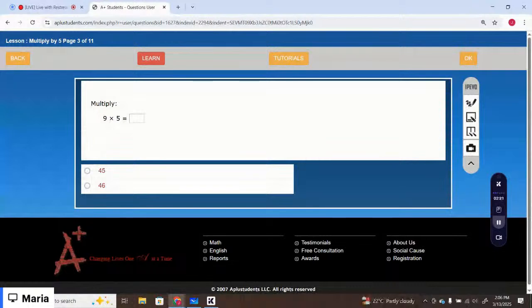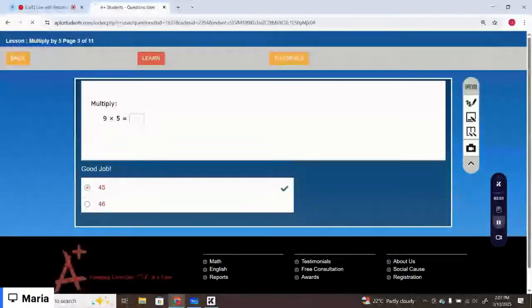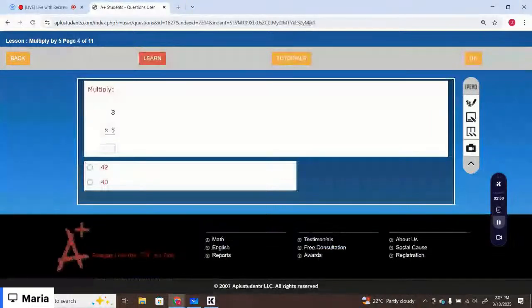Nine times 5 equals 45. Option number 1 is the correct option. 8 times 5 equals 40.